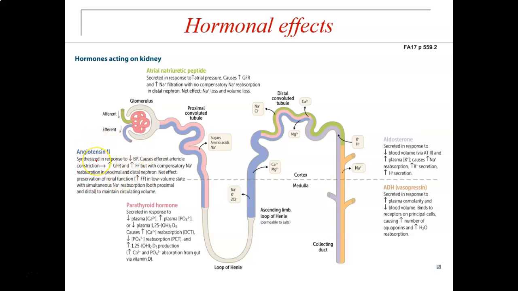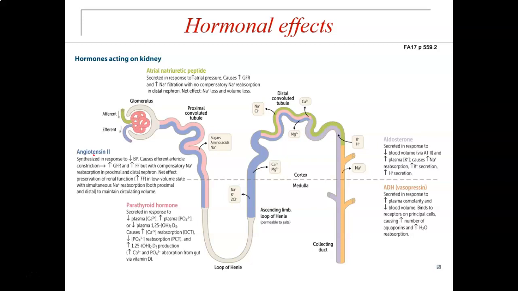Angiotensin II. Last class, when we talked about the renin-aldosterone pathway, angiotensin II was one of the precursors to eventually producing aldosterone.